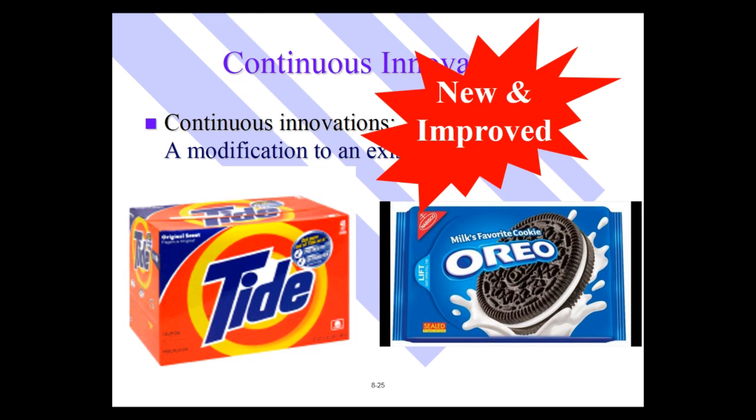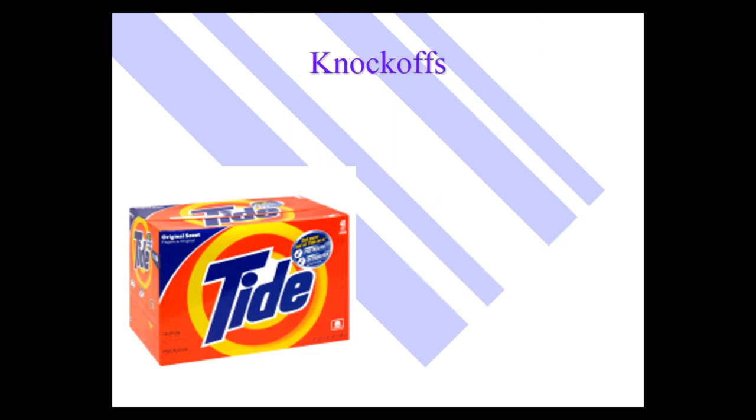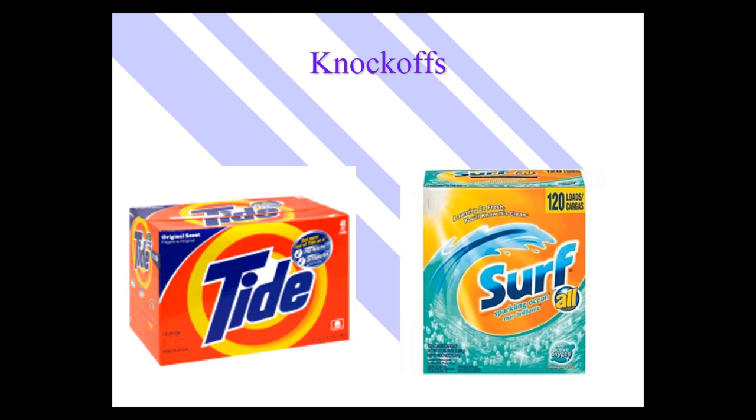And the more successful a product is, the more likely it is that some wannabe competitor is going to come out with a knockoff. For example, Tide. Tide is the best-selling laundry detergent, so no surprise. Tide is a Procter & Gamble product. Lever Brothers, the other big laundry detergent manufacturer, tried to knock it off, and they were really clever and creative with the name of their product. They came out with Surf to compete directly against Tide.